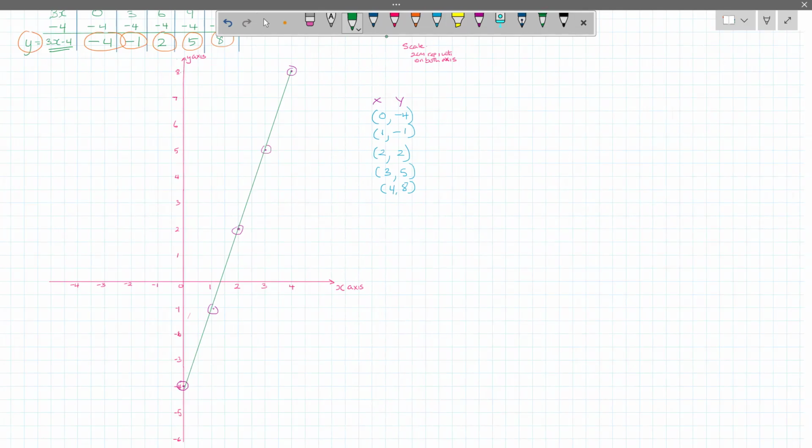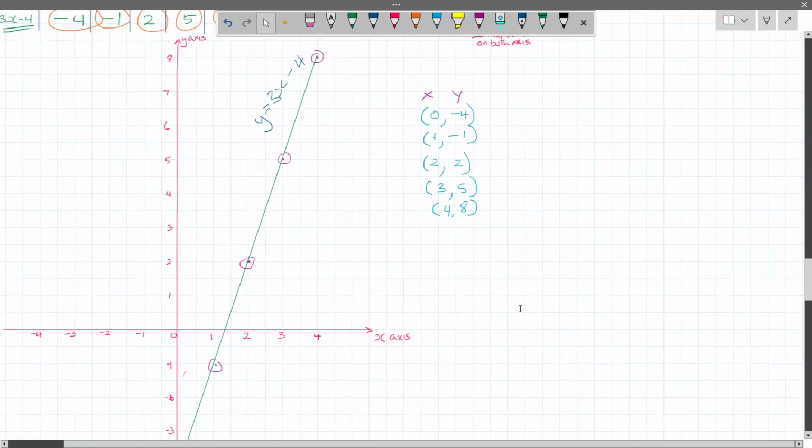There we go. And just remember to write the equation. So it's y is equal to 3x minus 4. And there you have it. Right? Table of values, our equation, and our line on the graph.